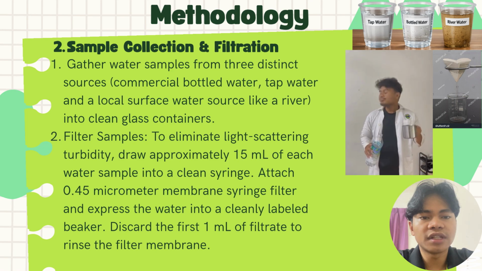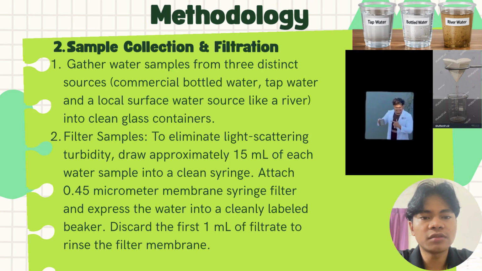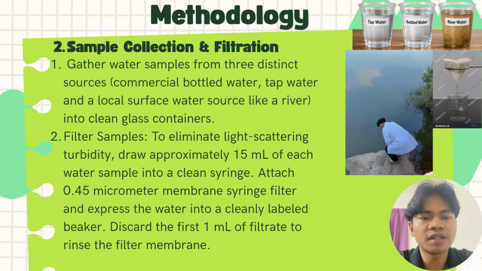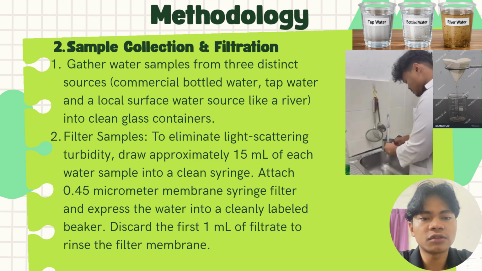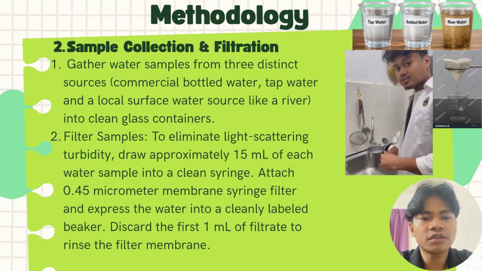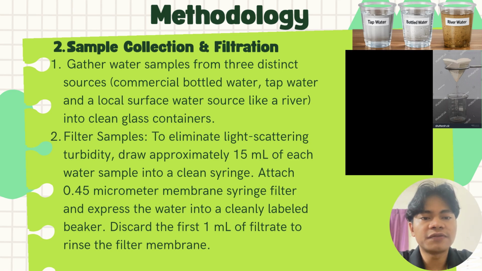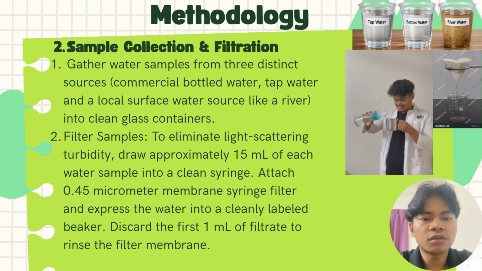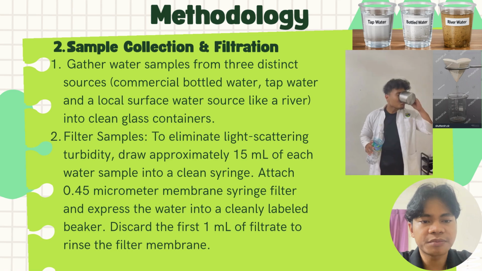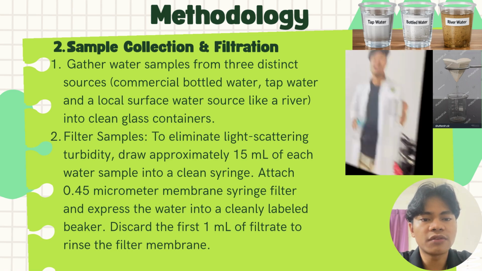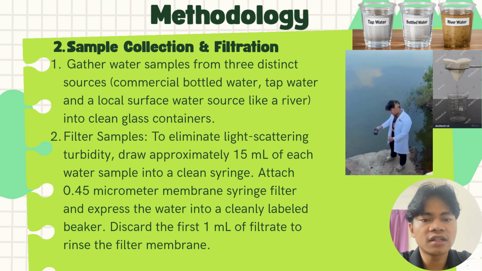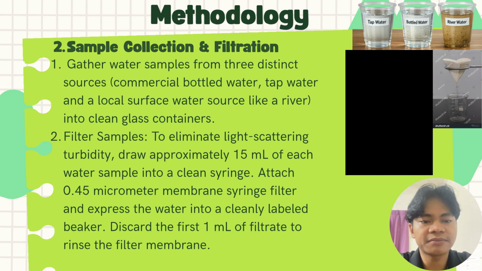The samples were then filtered using a 0.45 micrometer membrane syringe filter to remove suspended particles and reduce turbidity, which could interfere with the spectrophotometric analysis. The first 1 mL of filtrate was discarded to rinse the filter membrane before collecting the filtered samples.